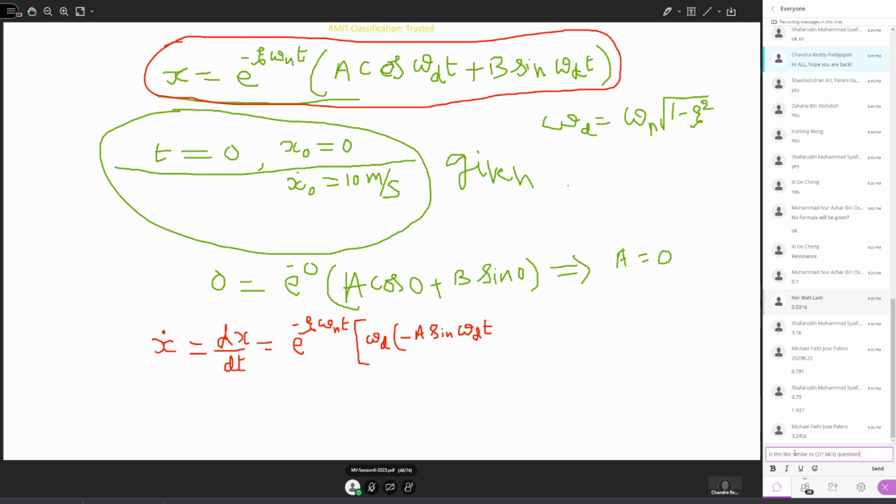Okay, so here b sine omega t becomes b cos omega d t. So sine becomes positive cos. Omega d we have already taken as a common factor here.